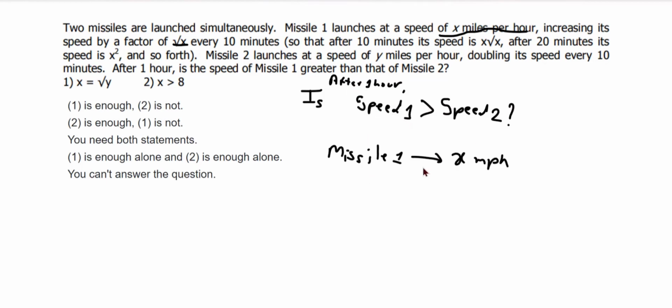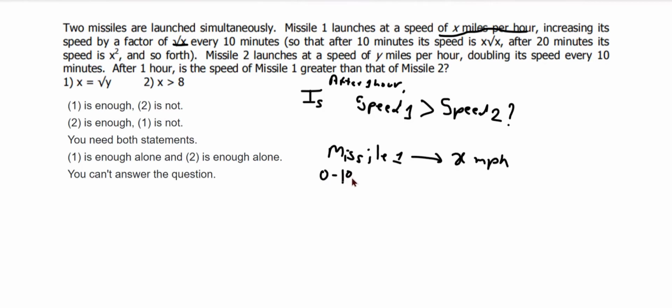So now if the starting speed is x miles per hour, what do you think will be the speed of missile 1 after 1 hour? Since it needs to keep increasing, multiplying root x every 10 minutes, that means 6 times you need to multiply root x. Good. Very nice. So if you're confused, we can simply draw a table.